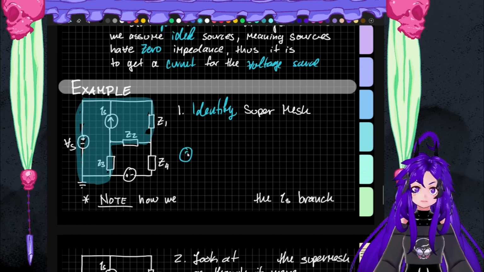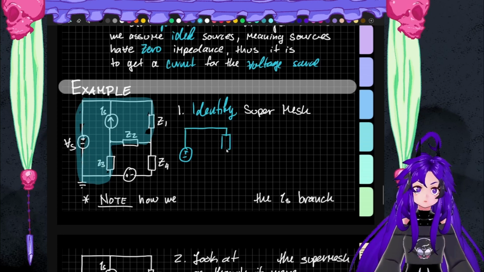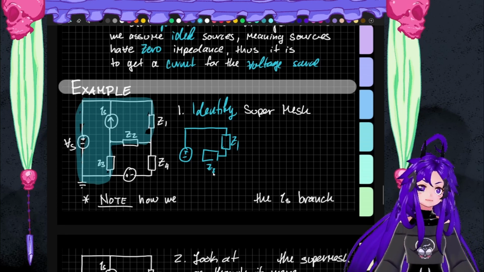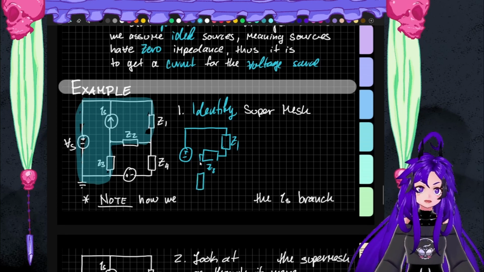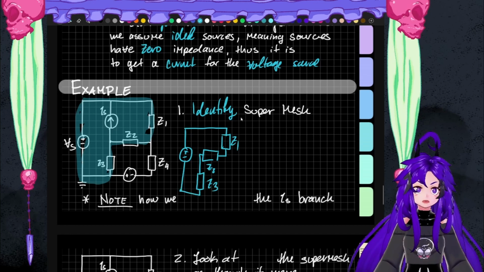It's going to be the source all the way over to Z1, down across Z2, down across Z3, and back up to the source.